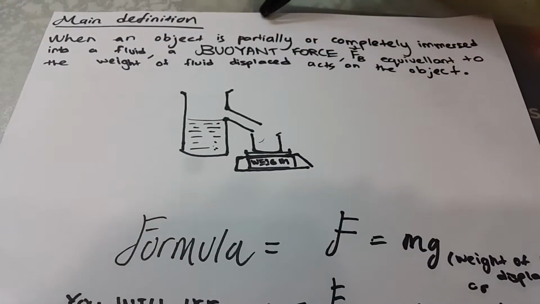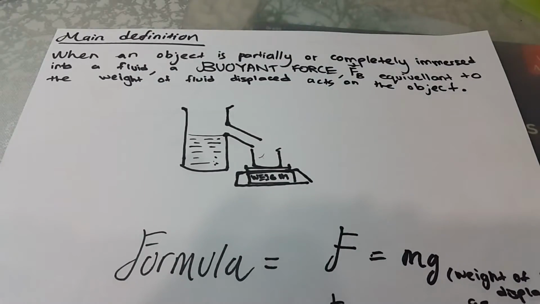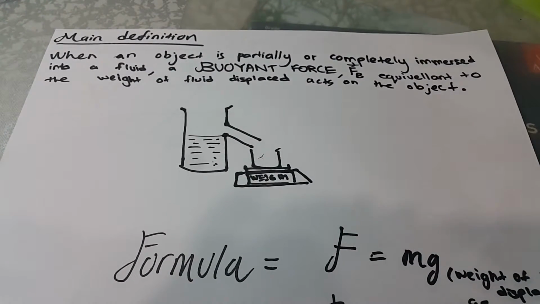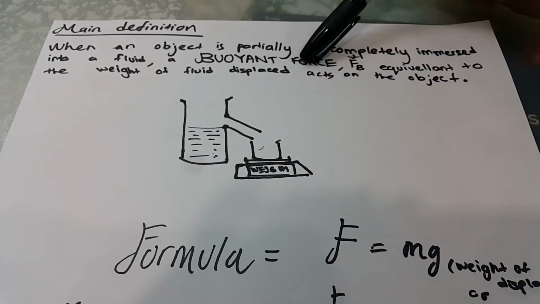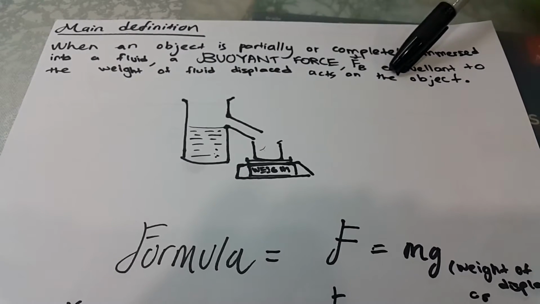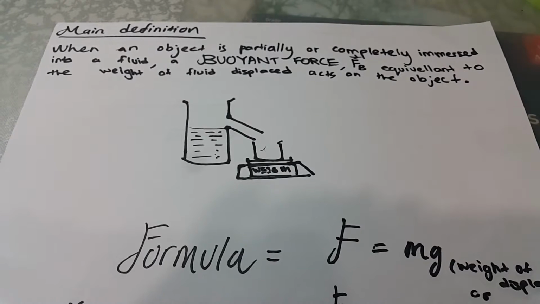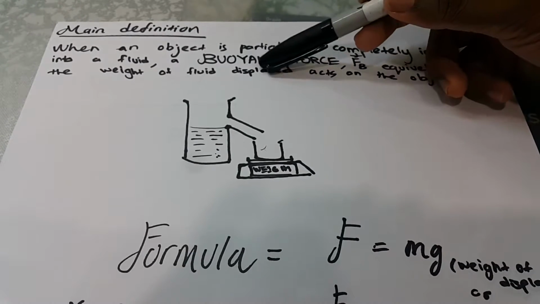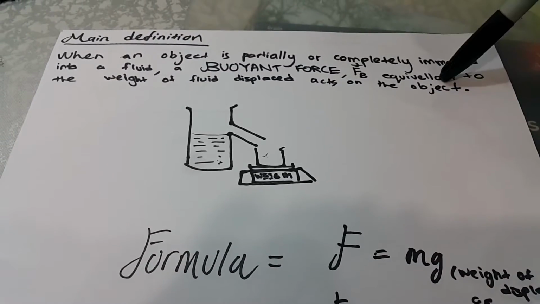When an object is partially or completely immersed, that means you put it in the water or whatever fluid, into a fluid, a buoyant force, which is what we are trying to find out here, equivalent to the weight of the fluid displaced, and I'll show you in a while what displaced means, acts on the object.